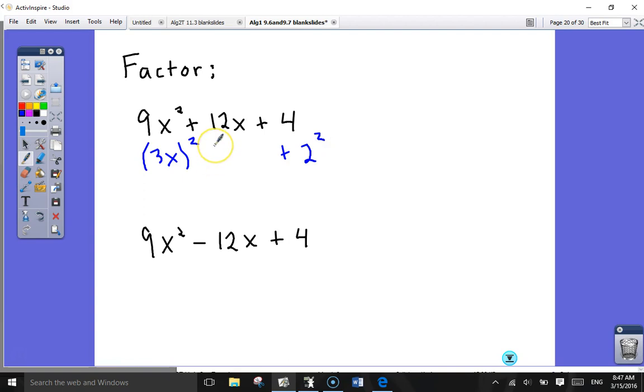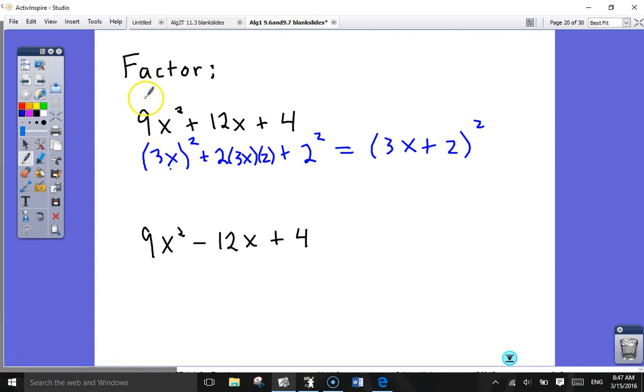So the only thing to check is the middle term. If this is a perfect square trinomial, then the middle term should be 2 times 3x times 2. Is 2 times 3x times 2 12x? It is, so that's 3x plus 2 squared.